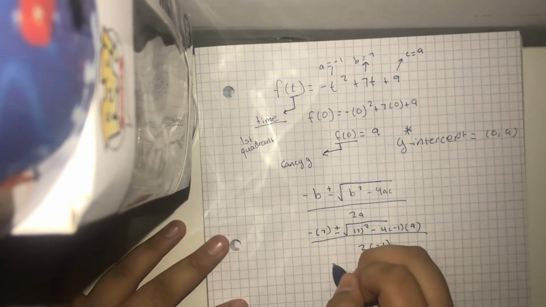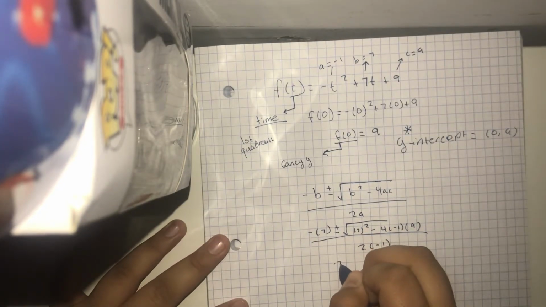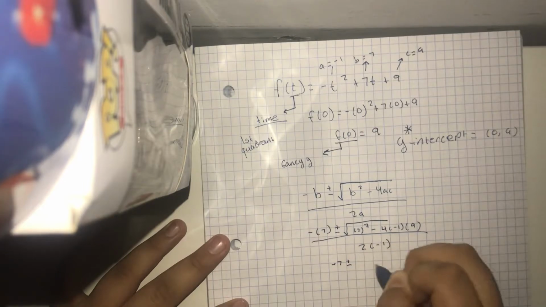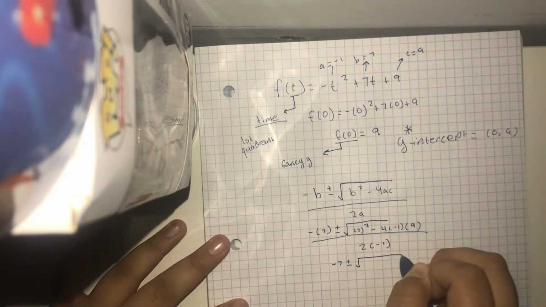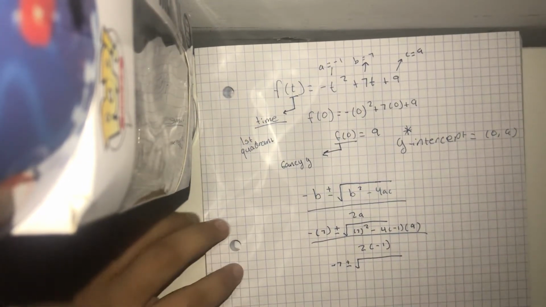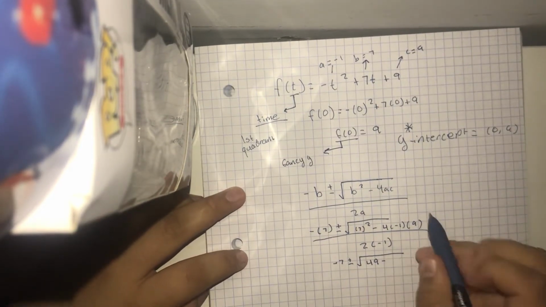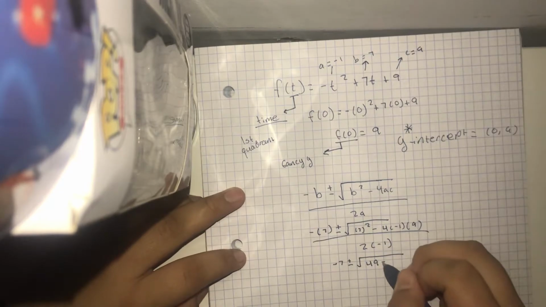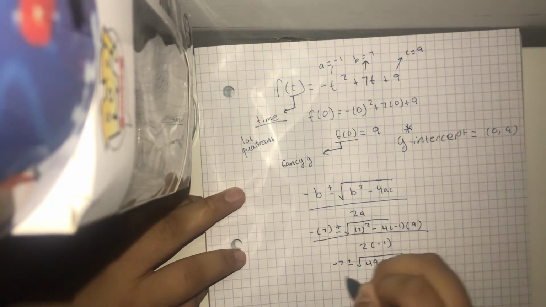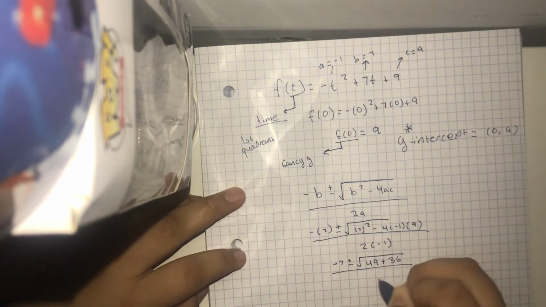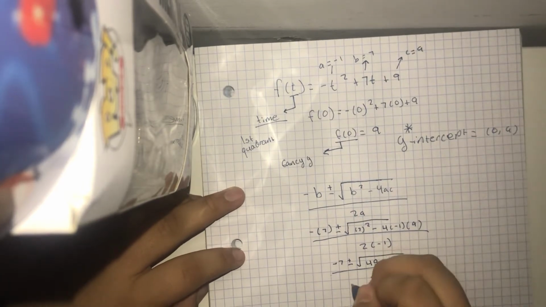So you have to simplify this a couple of times until you get the most desired equation that you can put into your calculator. And you have to simplify this one more time.